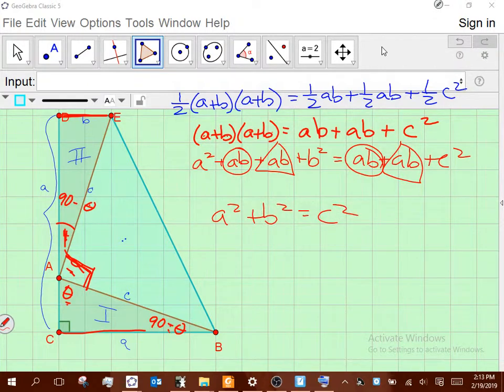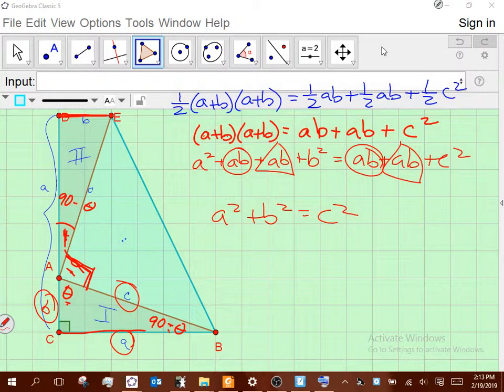And then A, B, and C are that thing and that thing from the original right triangle. So it relates those 3 original parts correctly. Does that make sense? All right. So those are 2 proofs for the Pythagorean theorem.